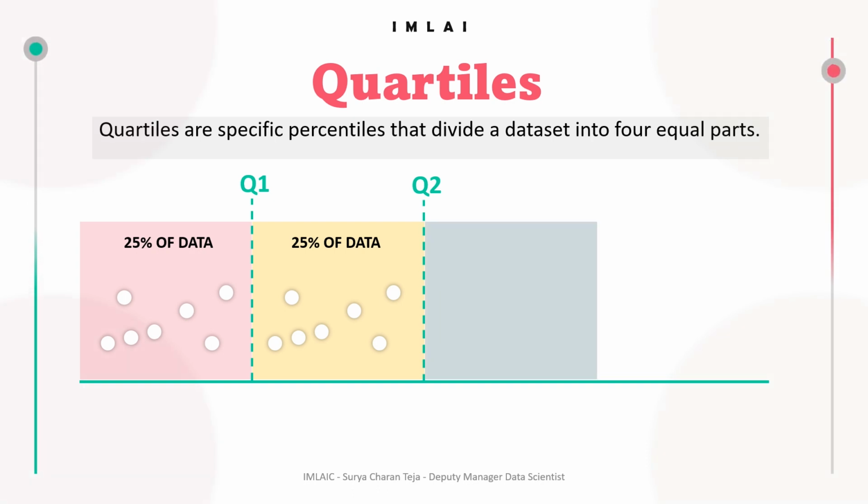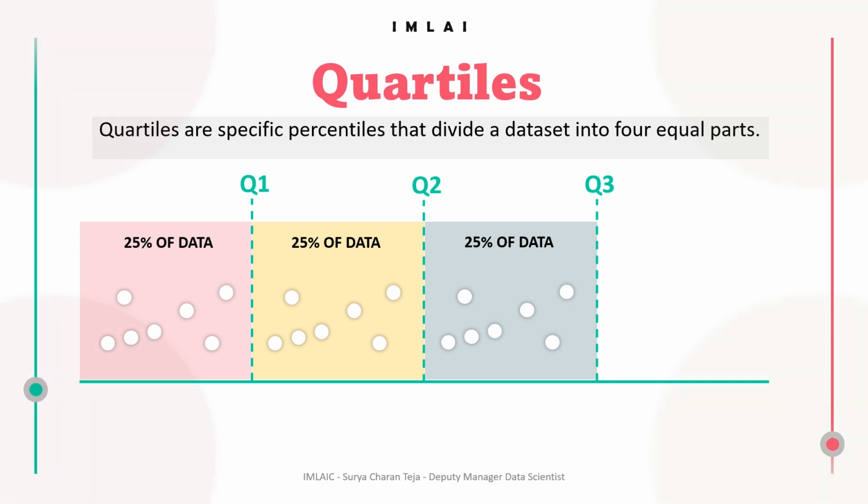Then we have the third portion of the total data points. This also holds 25% of data. Now 25% plus 25% plus 25% is a total of 75% of data. So the value which holds 75% of the data out of the total data points is known as quartile 3, the third quartile, or the 75th percentile.